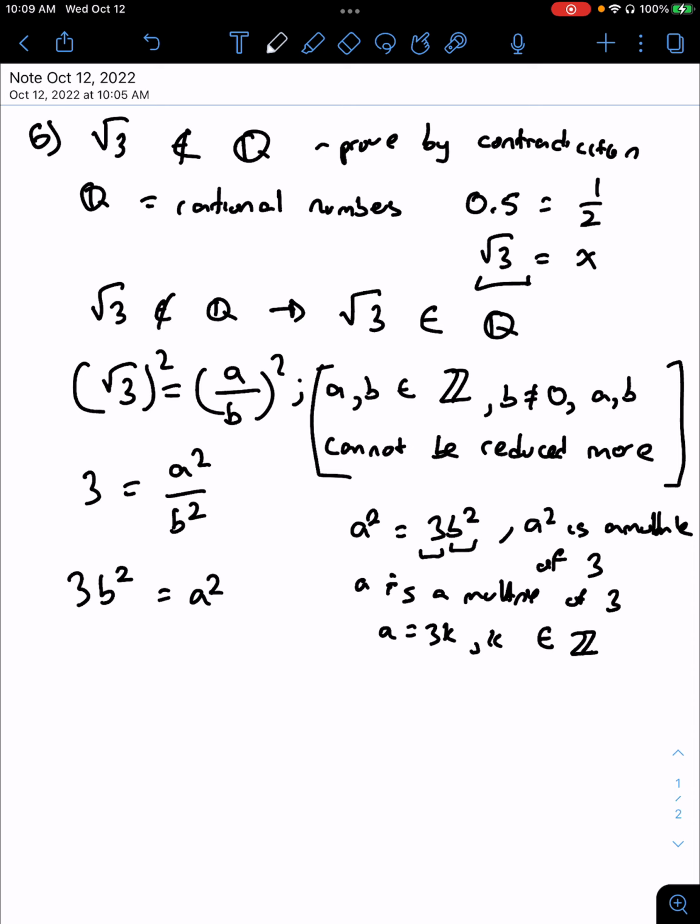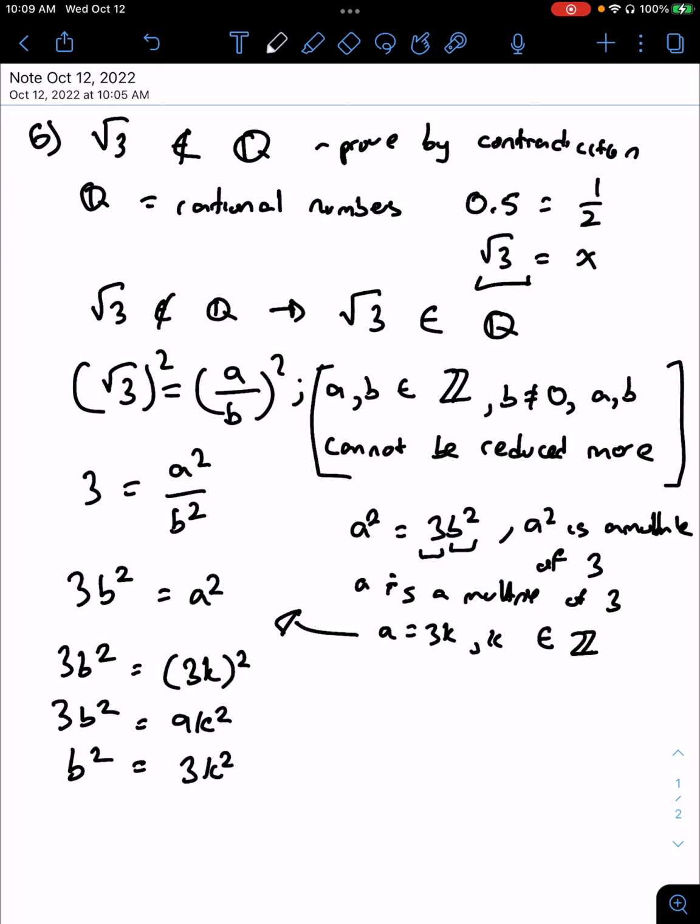Right? Cool? Now that we have that, we can plug that in here. We can be like 3b squared is equal to 3k squared, right? Now that's going to be 3b squared is equal to 9k squared. And if you solve for b squared, you're going to get 3k squared. Now, you're going to come to the same conclusion for b.